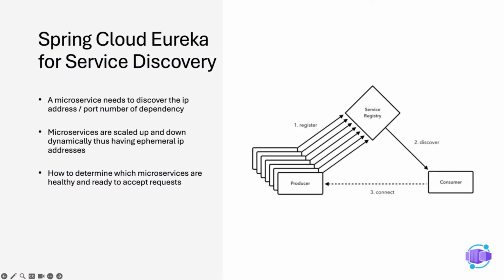So Spring Cloud Eureka. This is really for service discovery. One thing to note here is that we will allow you to create one or more Eureka instances. Most of the time, one instance is enough, and you can create one Eureka instance and connect however many container apps running Java or Spring to it.